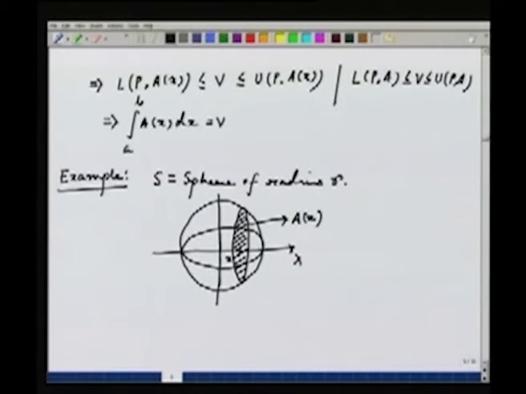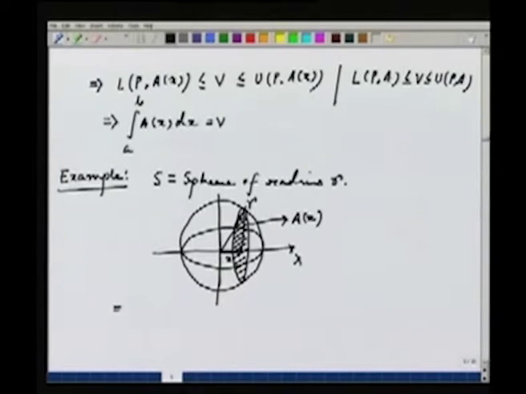So what is this area? I need to know the radius of this disk. That is easy to find out because this distance is r. I just need to know this height. Now the base is x. I can apply the Pythagoras theorem.